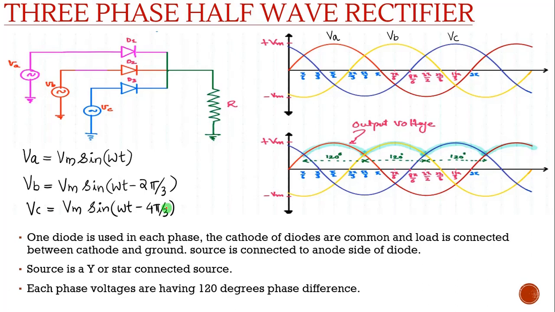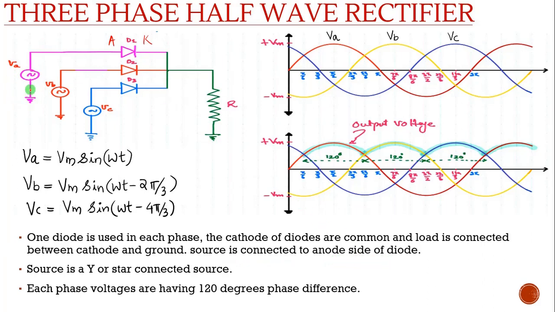You can see that one diode is used in each phase. The cathodes of the diodes are common; this is anode and this is cathode. The cathodes of the diodes are common, and the load is connected between cathode and ground, and the source is connected to the anode side of the diode.